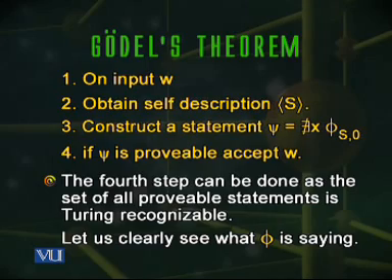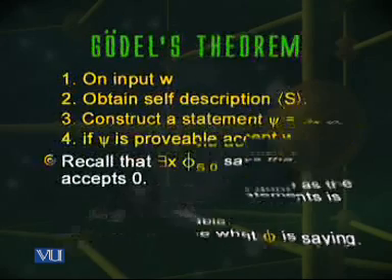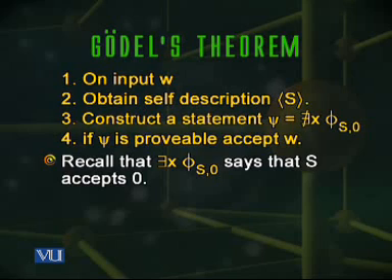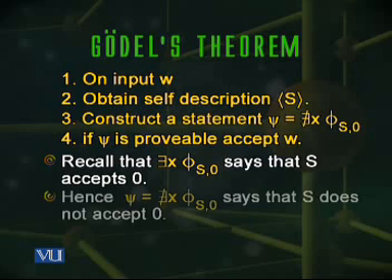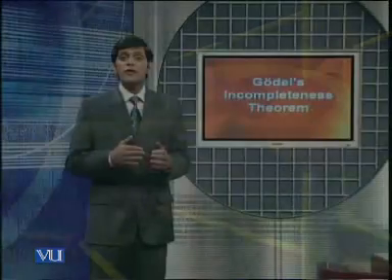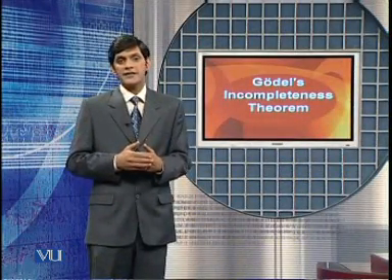Let's clearly see what phi is saying. Recall that phi of s, 0 says that s accepts 0. Hence, psi says that s does not accept 0. So, psi is saying s does not accept this statement. Well, this program tries to find a proof of that statement.